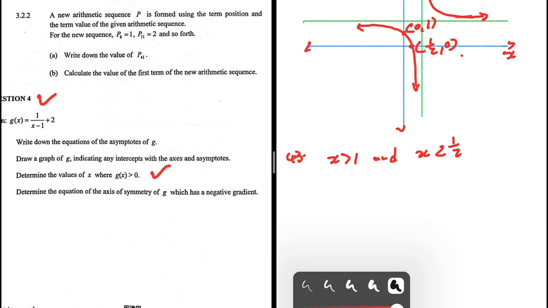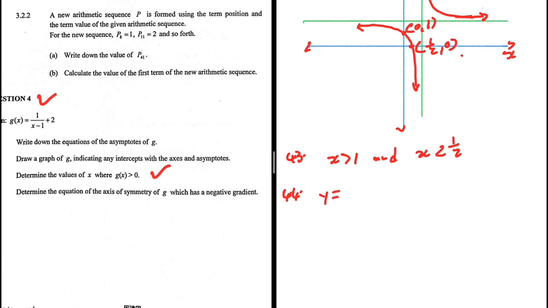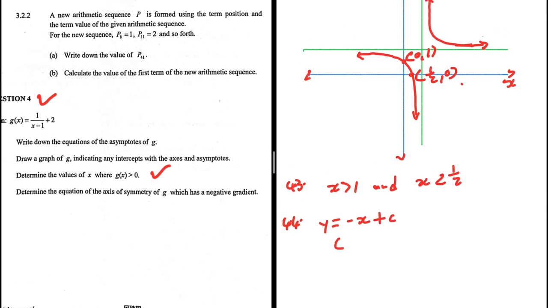Okay, 4.4. Determine the equation of the axis of symmetry of g, which has a negative gradient. Right, so the one that has a negative gradient is y equals minus x plus c. If it had a positive gradient, it would be y is equal to x plus c. That's how it works. And then the point you substitute here is where your asymptotes intersect.